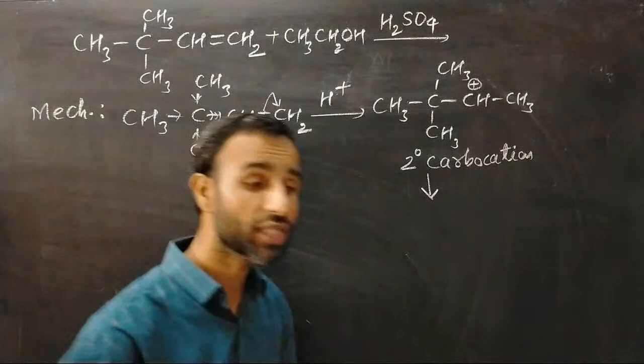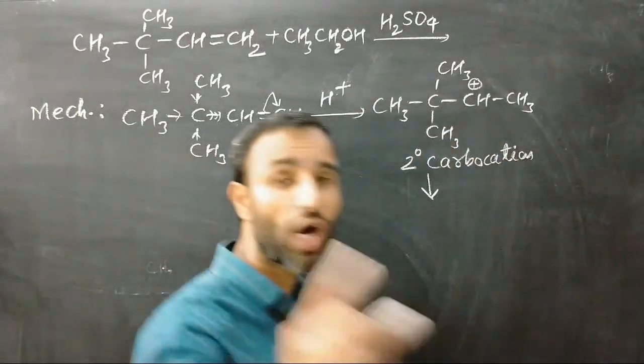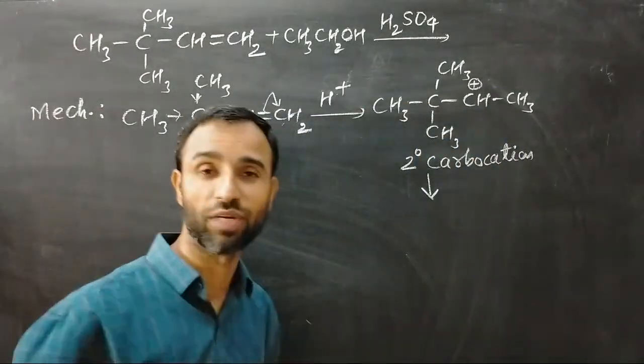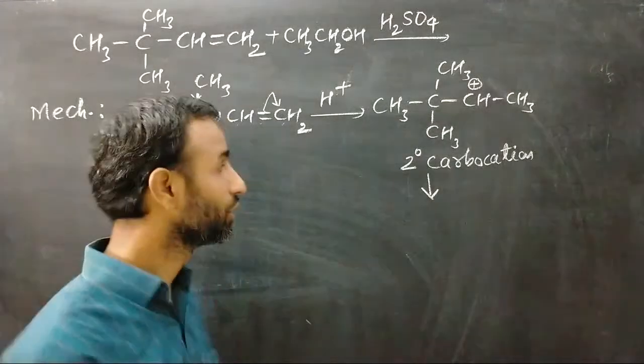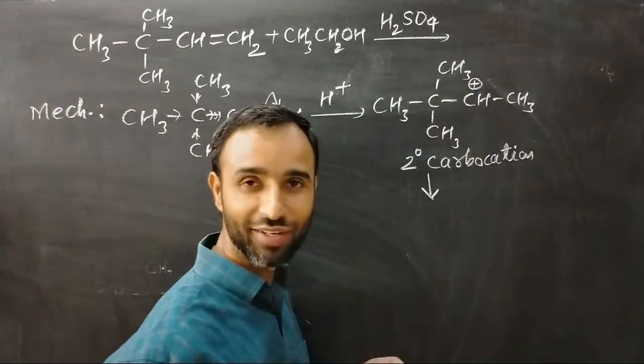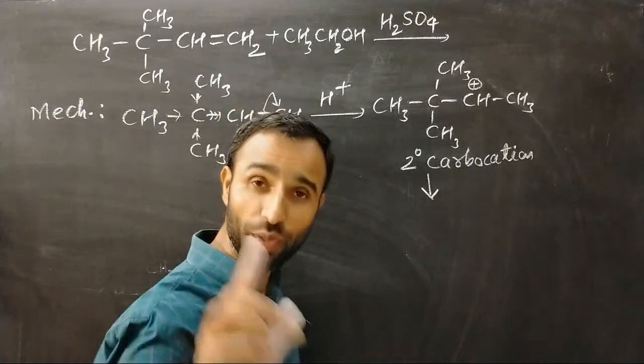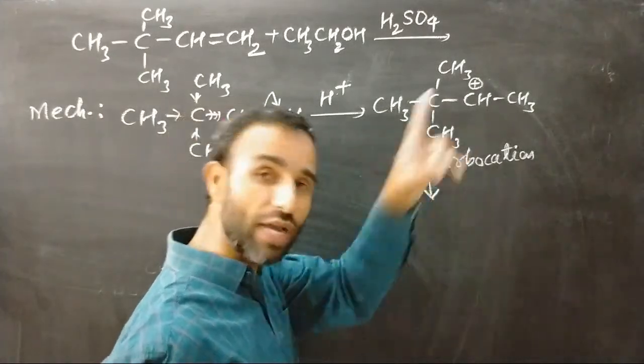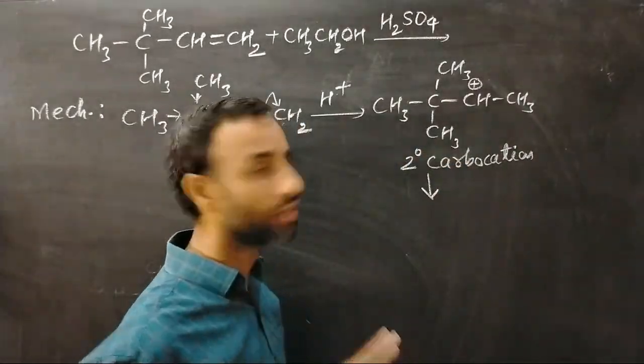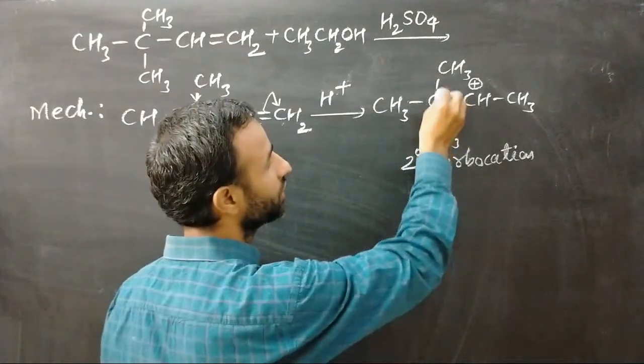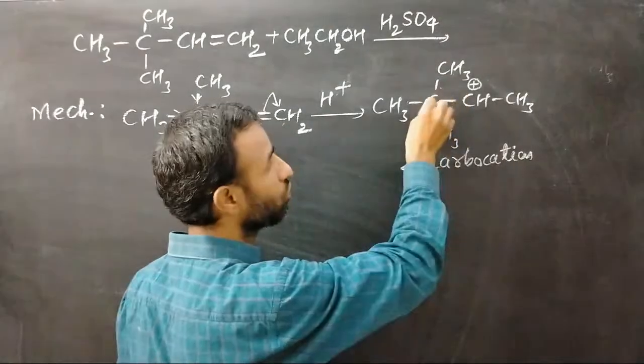Very good. But beta Sahil, not a 1,2 hydride shift, a 1,2 methyl shift takes place. You know, there is no hydrogen at all. Methyl groups are there. If it is a tertiary carbon, then a 1,2 hydride shift takes place. But as there are only methyl groups, it is a quaternary carbon.